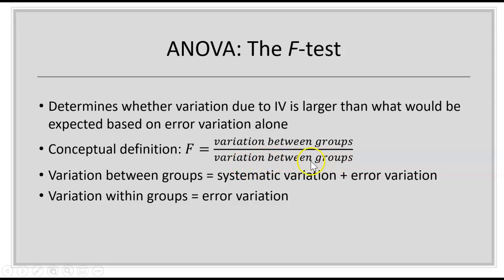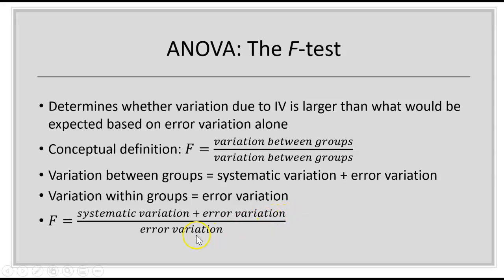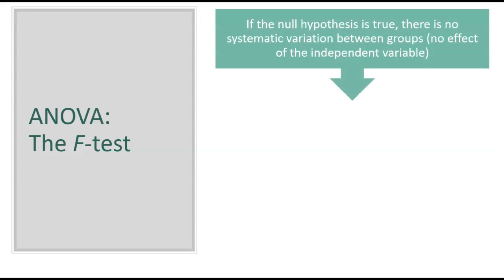This should say on the bottom here, variation within groups. I apologize. So the within groups error is just straight error variation. So when we put the elements of the formula together, you've got systematic variation plus error variation divided by the error variation alone. And that produces the F statistic for us.